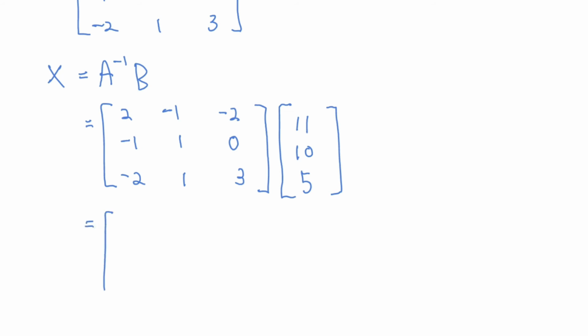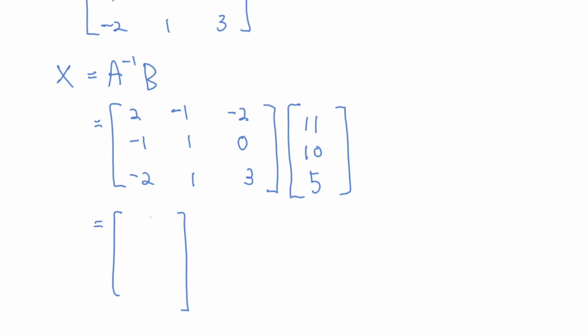By using your knowledge of multiplying two matrices, you will get the final answer here: 2, negative 1, and 3.